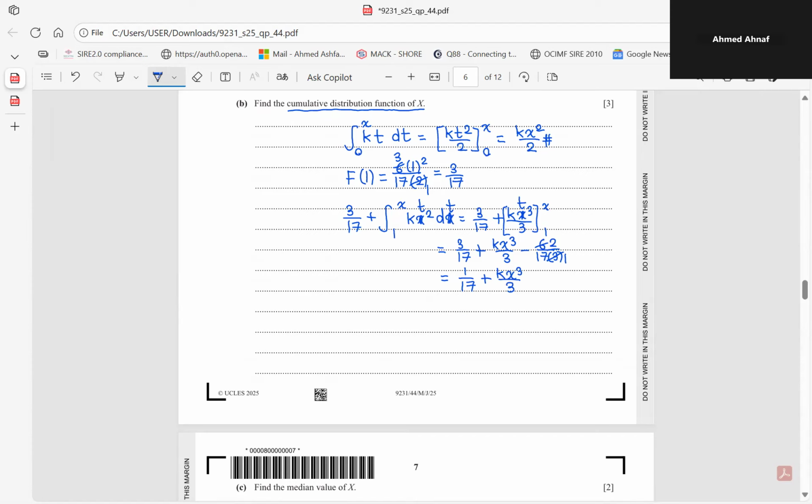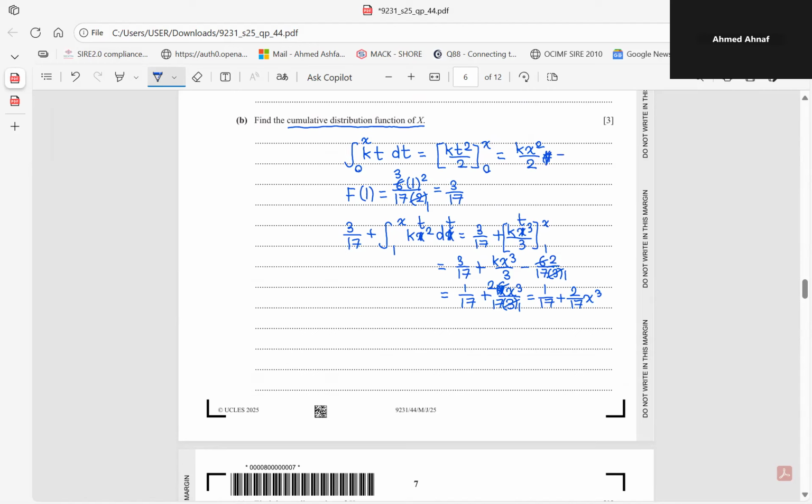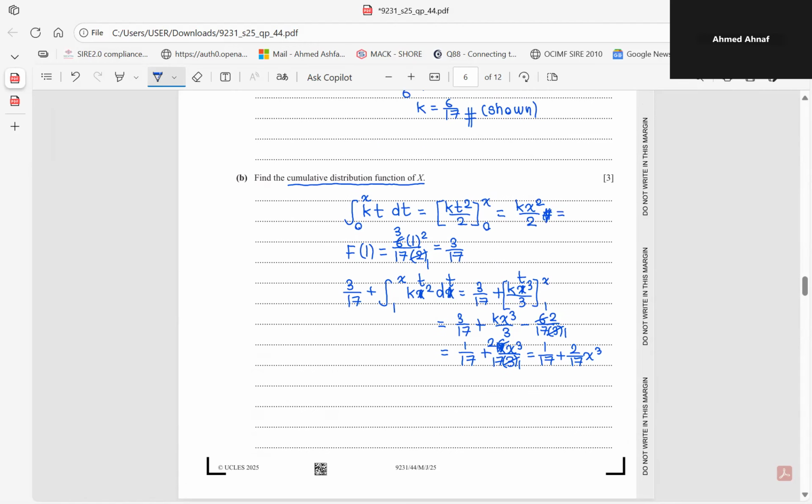So this is 1 over 17 plus 2 over 17 x cubed. And then this one is 16 over 17, that is also 3 over 17 x squared.